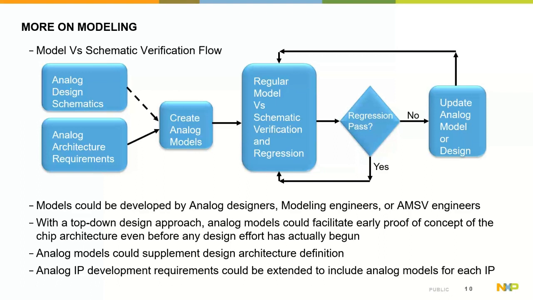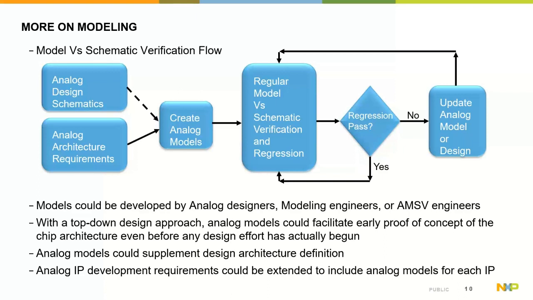Once the models are created, those models have to be verified against the schematic for functionality. Then the regression should be run periodically, and if there's any failure, the analog model or the schematic needs to be updated, and the process is repeated throughout the verification phase of the chip.